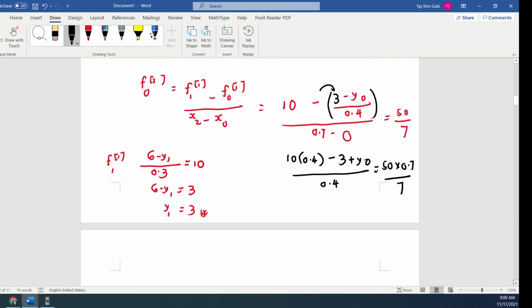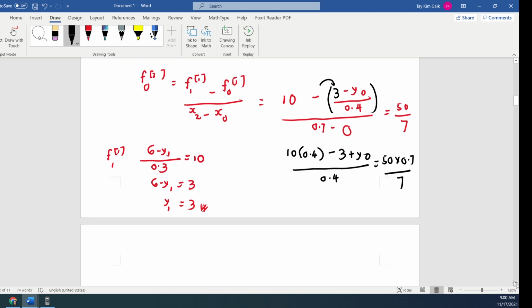I make this into one fraction. So 10 times 0.4, divided by 0.4, same denominator, so I can combine these two terms. Be careful, the whole term is in brackets, so minus minus is plus. Then 0.7 minus 0 brings to the right hand side, becomes times 0.7.